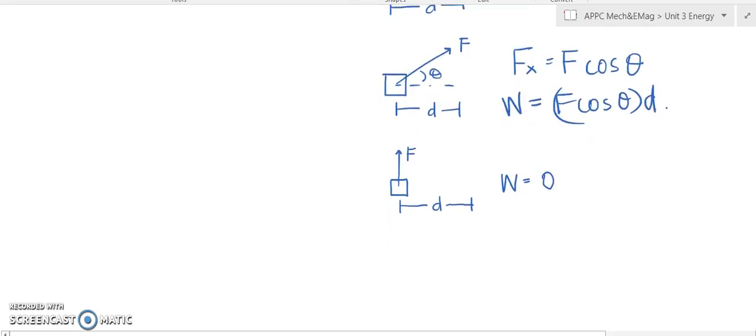Let's take that idea of work being the force that's parallel to the distance times the distance, and look at our inclined plane.